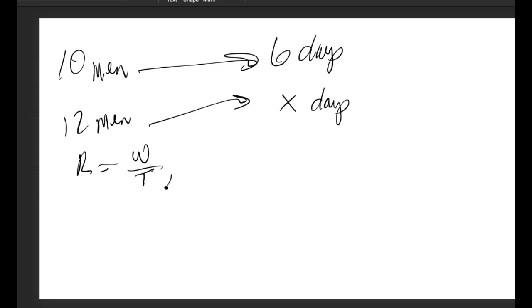So anyway, they said the rate is one task per 6 days. Okay, that's what number one says. And they say 10 men can do it. So rate per man. Okay. So 10 men equals one task per 6 days.